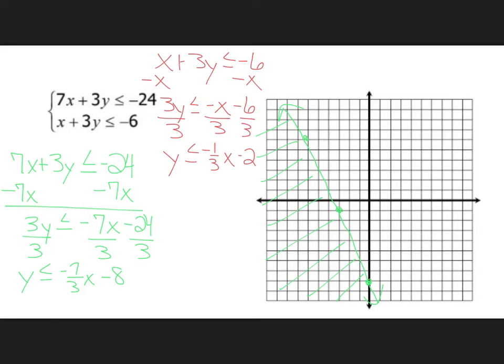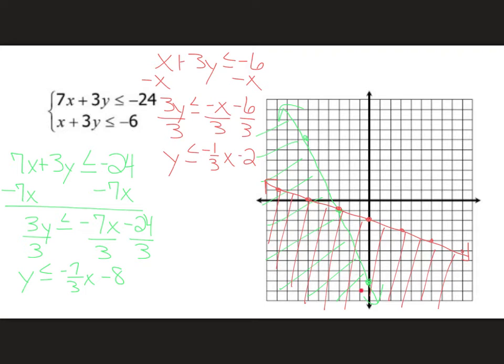Now pause the video and graph that linear inequality. That was also a solid line. It was also less than, so I shaded below. Notice that I shaded at a different angle from the others, okay? So you want to be able to see where the two shadings are and for it not to look like the same shading.